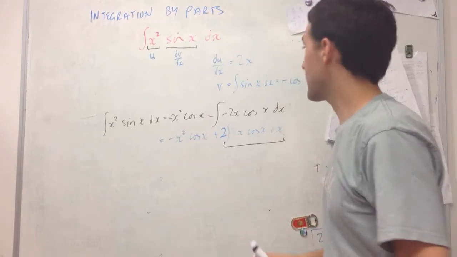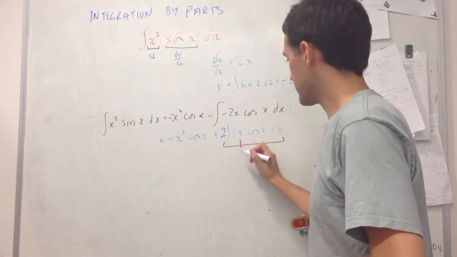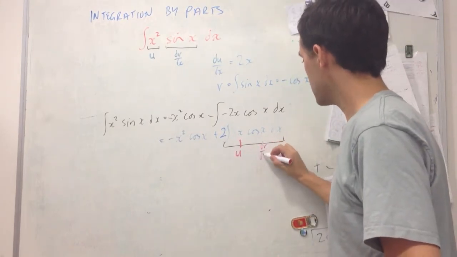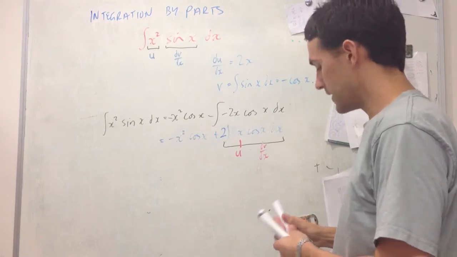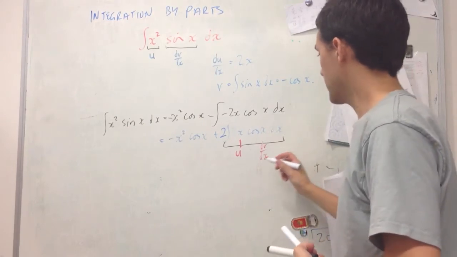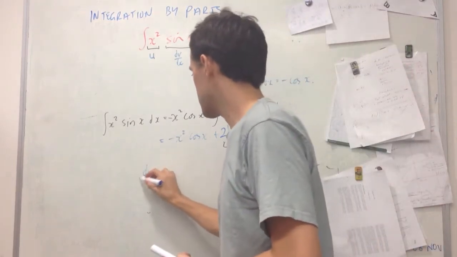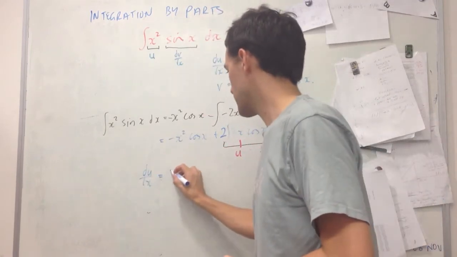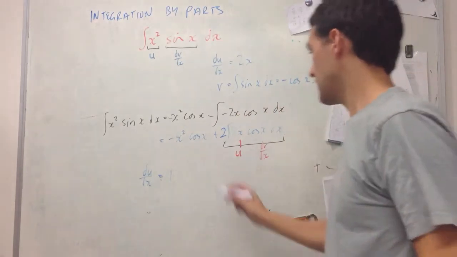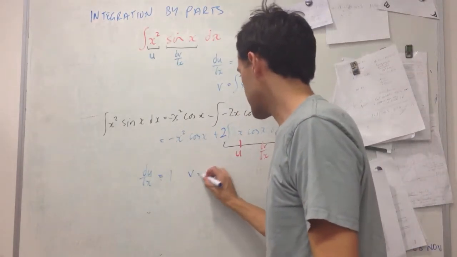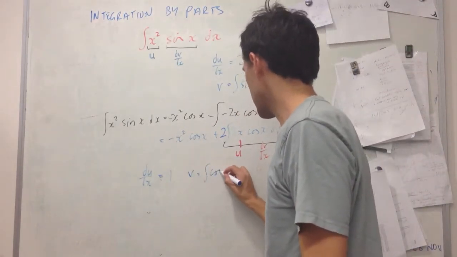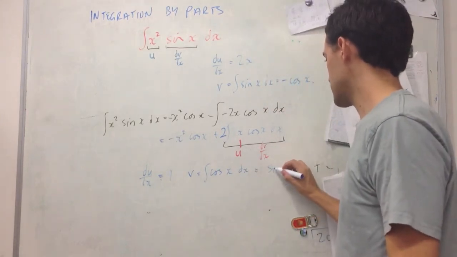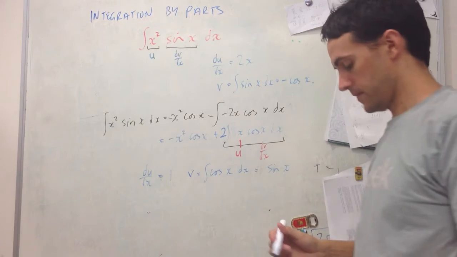So now I'm going to say, again, call this a new u, and call this dv dx here. And so that gives me du dx of this part is going to be equal to 1, so that's nice. And then v is going to be the integral of cosine x dx, which is equal to sine x.